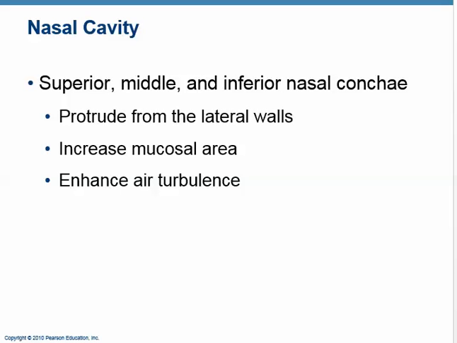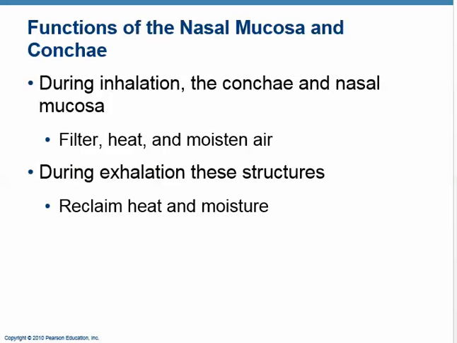I talked about this already, the superior, middle, and inferior nasal conchae. We saw them when we were looking at the bones of the skull. So it's about filtering, heating, moistening air. Something that we forget is that as we're breathing out, we would be losing lots of heat and moisture. This is actually reclaimed somewhat in the nose.